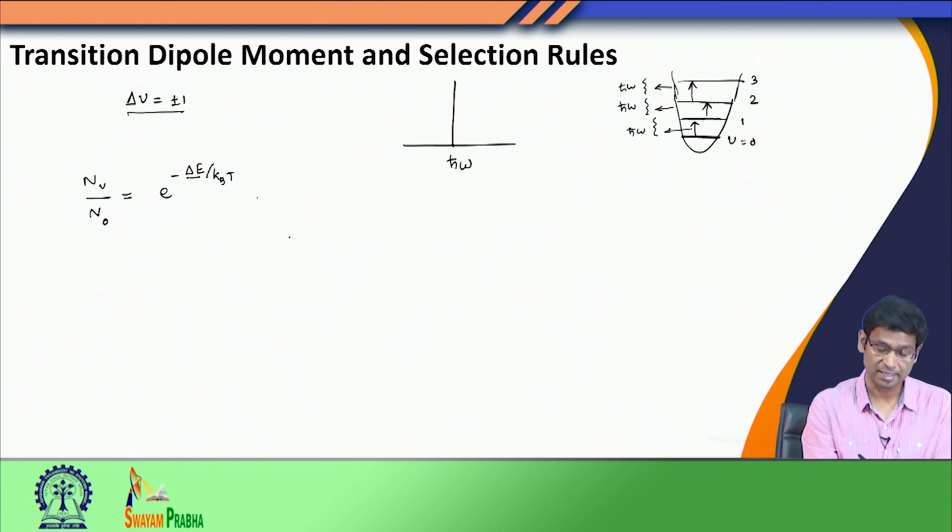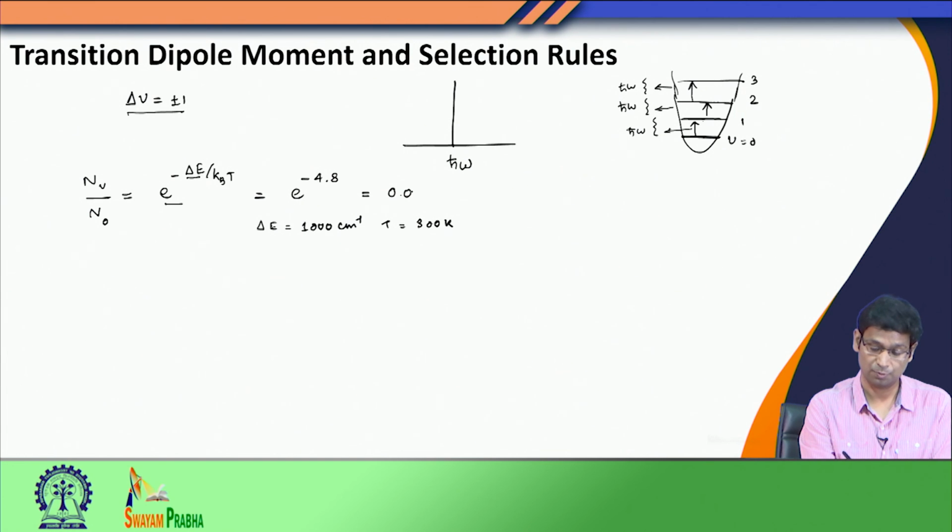For an example, suppose delta E is 1000 wave numbers and the temperature is 300 Kelvin. If you plug in these values, you would see that e to the power minus delta E by kBT becomes e to the power minus 4.8, which is roughly equal to 0.008.